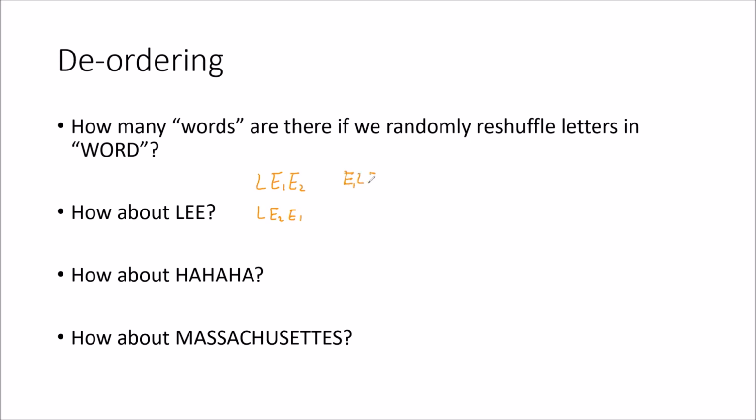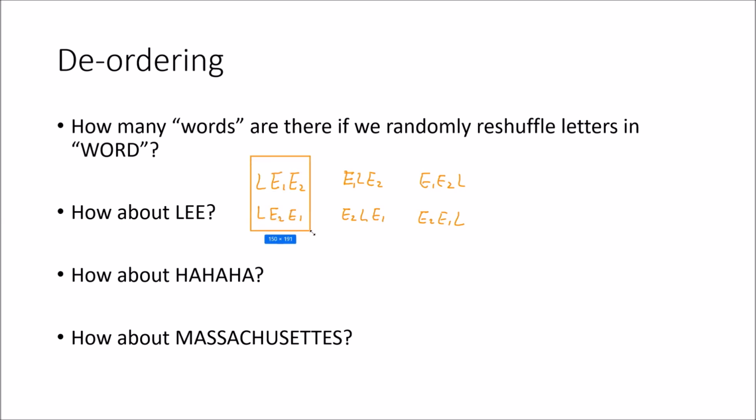Okay, so you do that, and you switch the order of these two E's. And then you have E1, E2, L, and switch the order of the 2 E's. All right. So if the E's are different, then you have these 6 possibilities. But then you realize, if the 2 E's are the same, then these two are exactly the same. There's no difference.